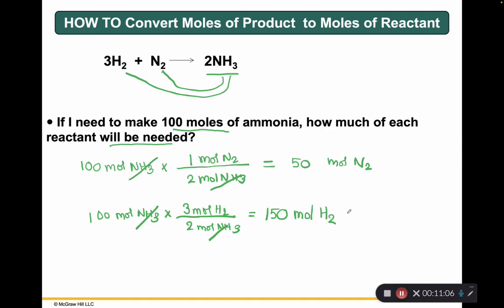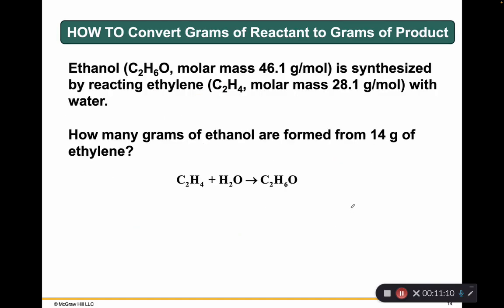Okay, that was exciting. Now let's look at a similar question where the moles are not given but the grams are given. We have to utilize something we learned in an earlier lesson. We have to convert grams into moles, or convert from moles into grams, depending on what is asked in the question.